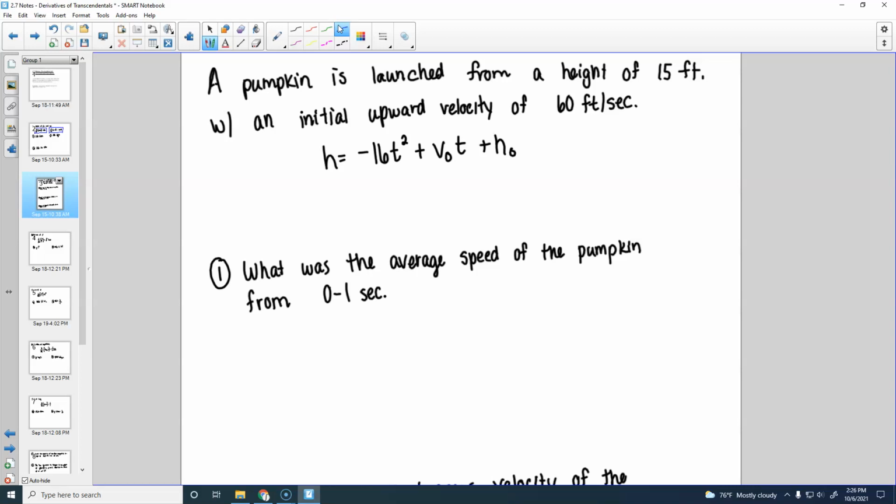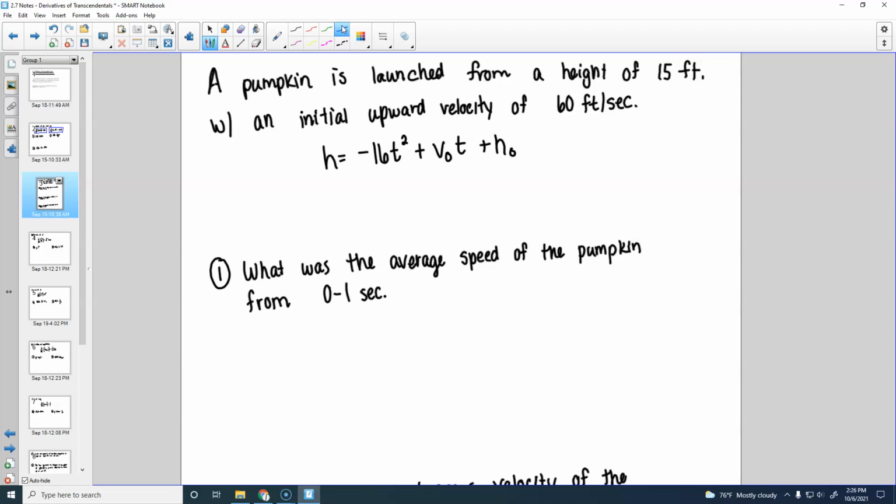Okay, so, all right. A pumpkin is launched from a height of 15 feet with initial upward velocity of 60 feet per second. So, in Math 1, I know that Ms. Ball usually does these problems, and I do as well, so you've probably seen it before. This is that basic formula that we use that gives the height of the pumpkin. In Math 1, the only thing you're able to do is the height of the pumpkin.